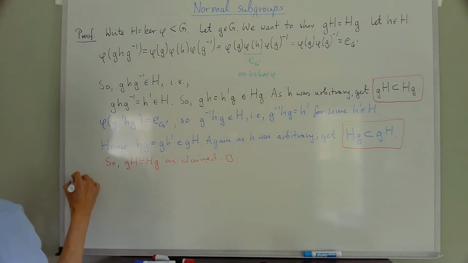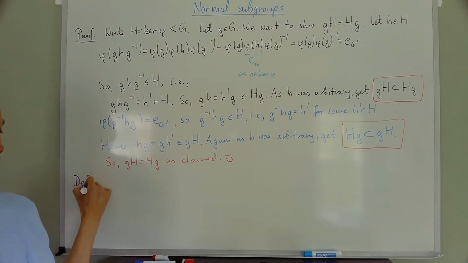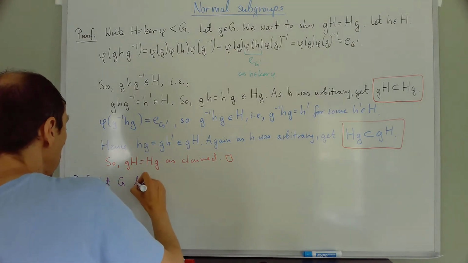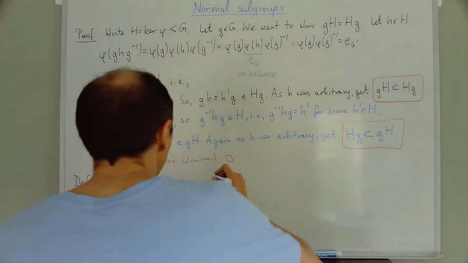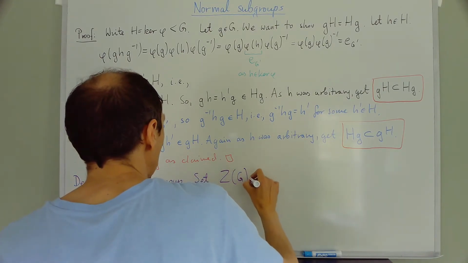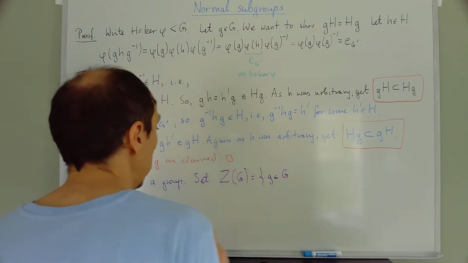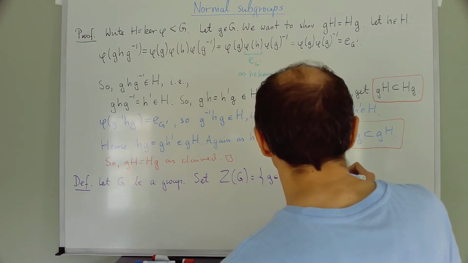So let's do proposition 5. Actually, let's make a definition first. Let G be a group. Set Z of G to be all the elements in G which commute with everything.